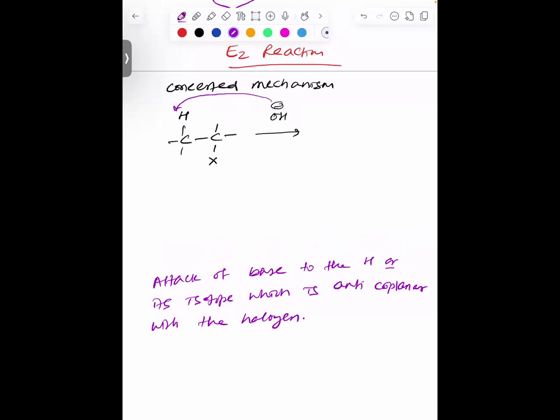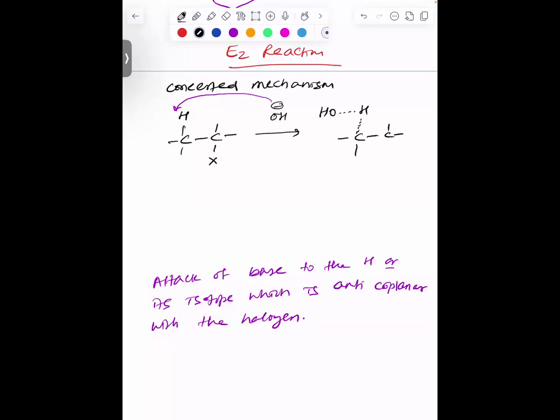So this is the first step. Next, this OH starts making a bond with hydrogen, and the bond between carbon and hydrogen becomes weaker. Dissociation is taking place.